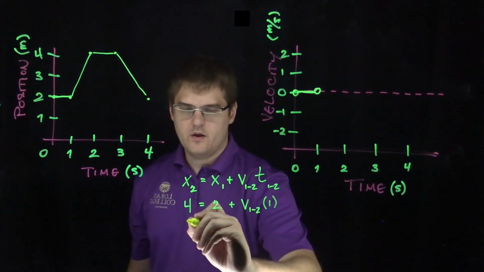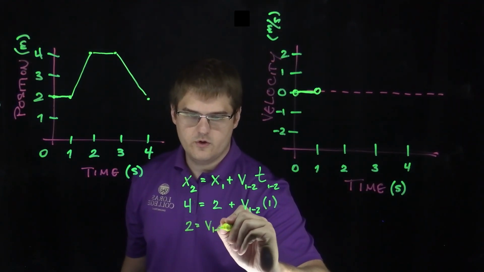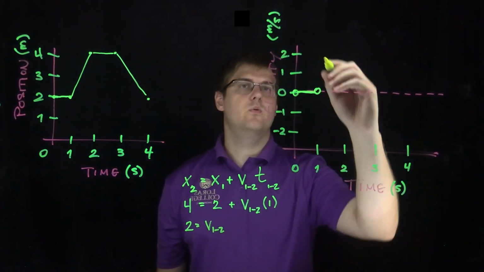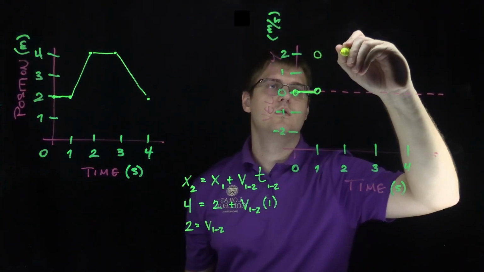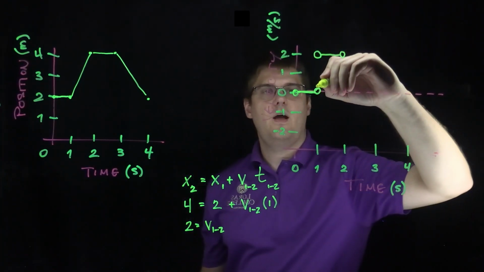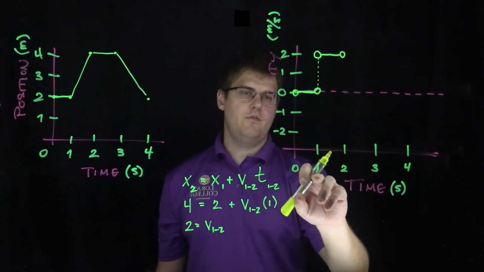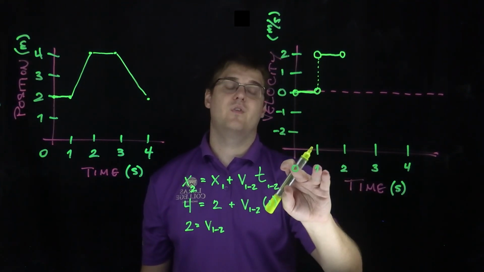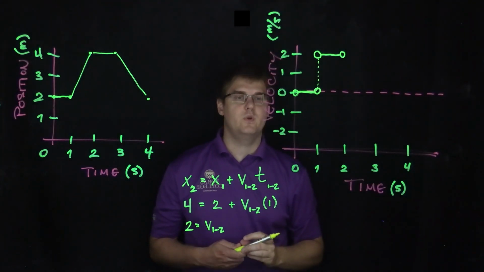Subtract the 2 over, we get 2 is going to be equal to velocity from 1 to 2 times 1, which is just velocity 1 to 2. So between 1 and 2, we have a velocity of 2. So at time 1, we are jumping immediately from a velocity of 0 between 0 and 1 to a velocity of 2 between 1 and 2.